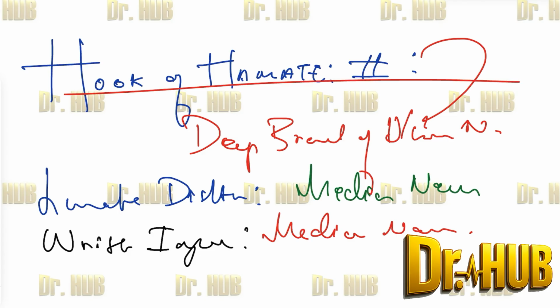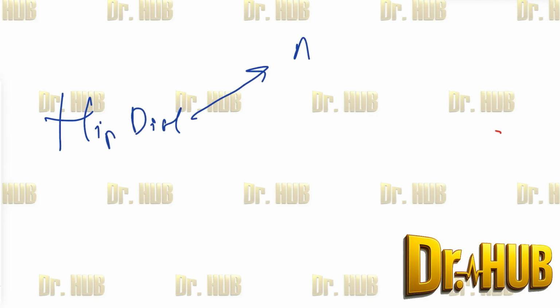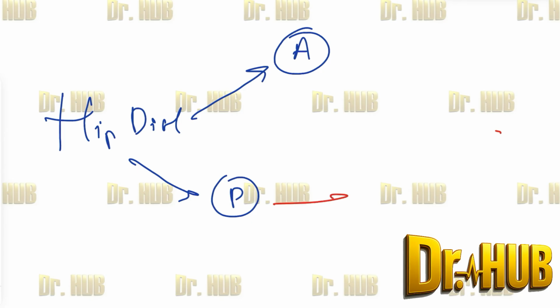Next, looking at the posterior dislocation of the hip and the anterior dislocation of the hip. We talk about hip dislocation. One is anterior and one is posterior. First, let's look at posterior, because in case of posterior, it is the sciatic nerve which is involved.